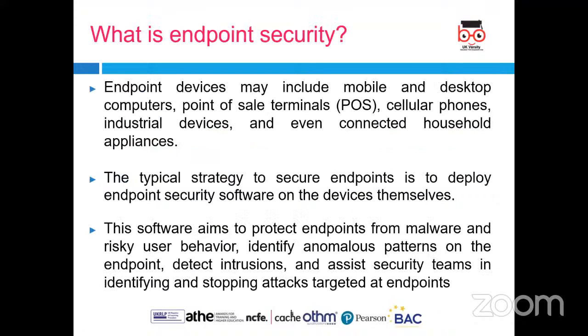As we can see from our first learning outcome, we already introduced our endpoints and how they are managed within an organization. When it comes to endpoint security, the devices might include mobile and desktop computers, point of sale (POS) terminals, cellular phones, industrial devices, and even connected household appliances.